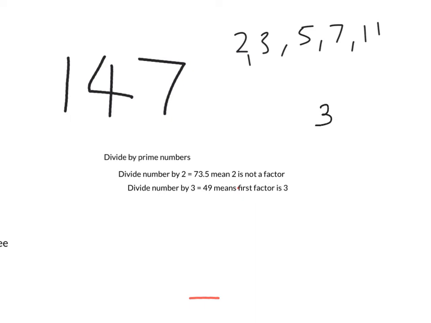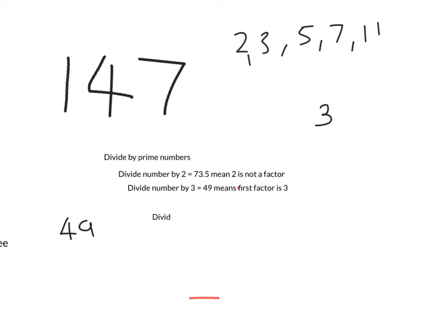Next up, we're actually down to the number 49. So 49 is our new number. So we're going to divide that new number by the factors again. So if 2 doesn't go into 49, I can say divide by 2 equals 24.5. So that isn't a whole number.